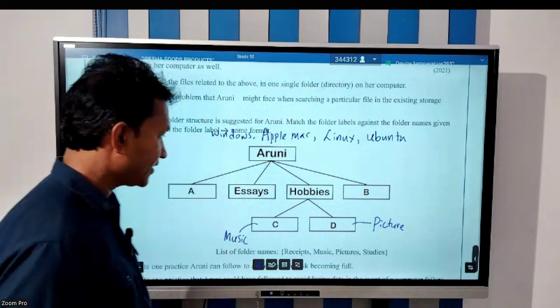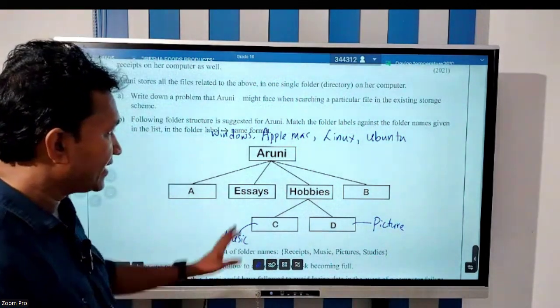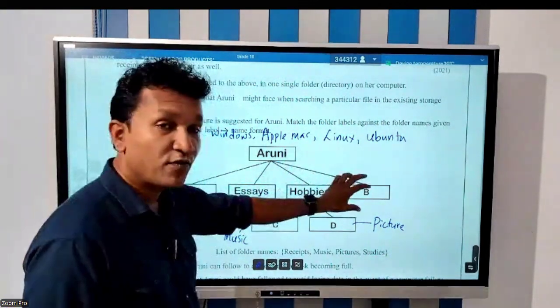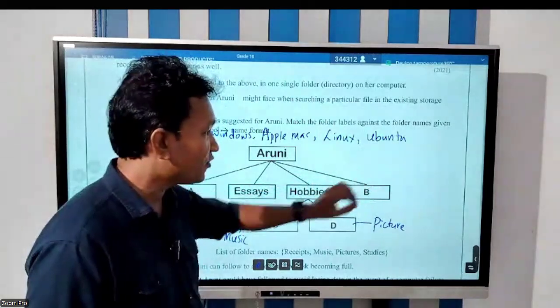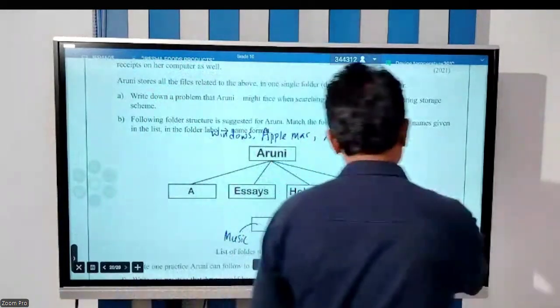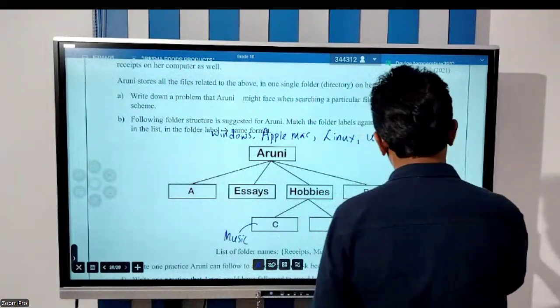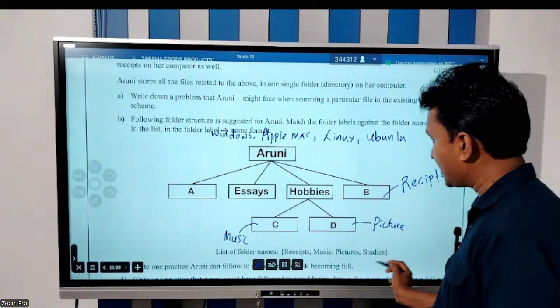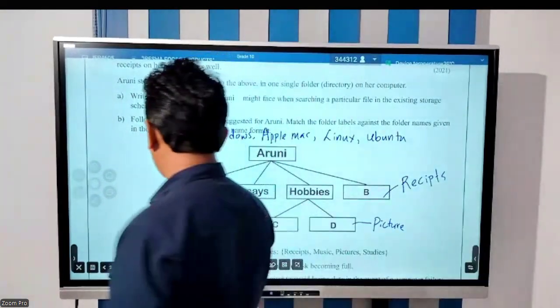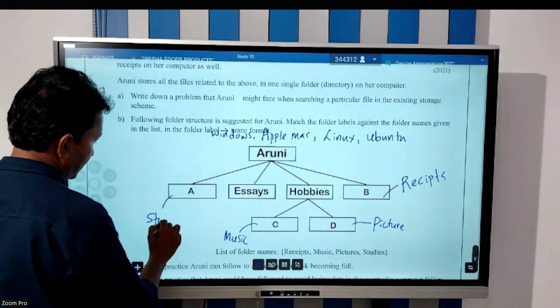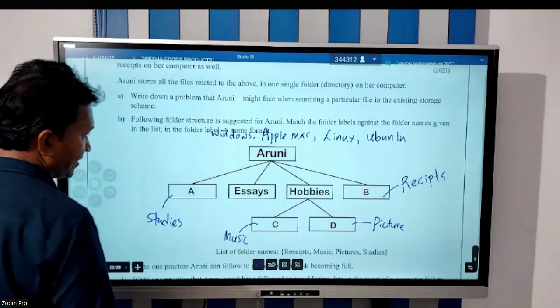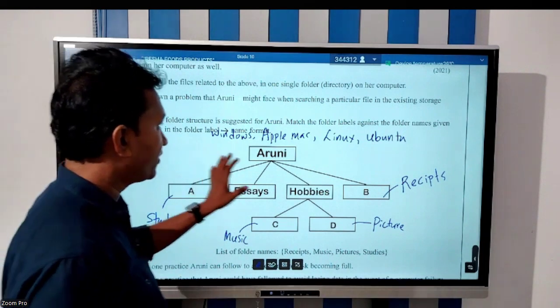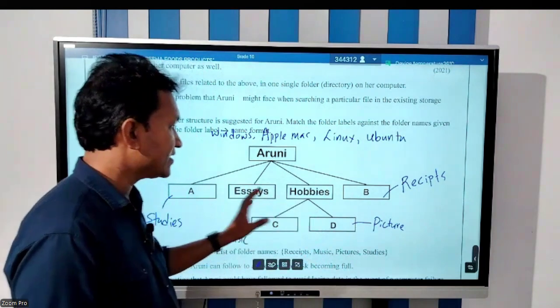Right. So now it said that there should be a separate folder to store the receipts of the bills. Receipts folder should be there. Finally, for her studies, there should be a separate folder. Studies. So this is the file structure of Aruni, right? This is the file structure.